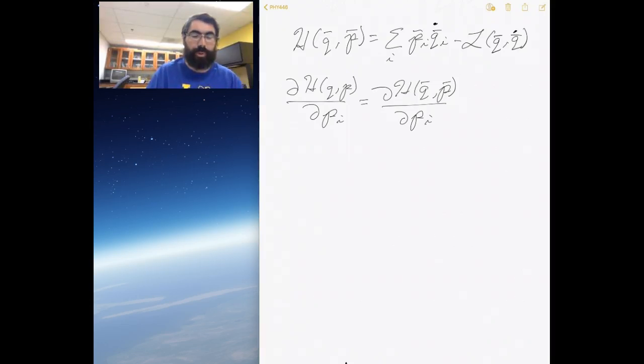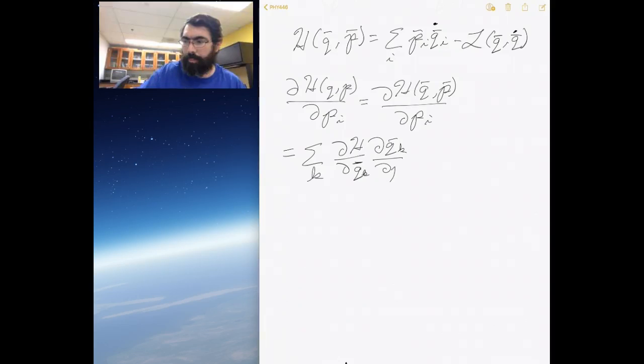And so if we do that, I could now apply the chain rule and say that it's the sum over all components k of the Hamiltonian as it changes with the position in the barred frame of reference, the k component, and then times q bar k with respect to the momentum i in the original frame of reference.